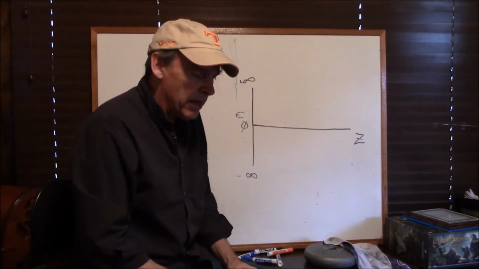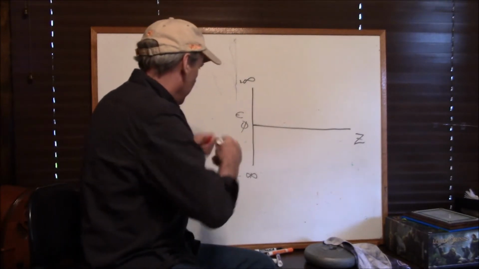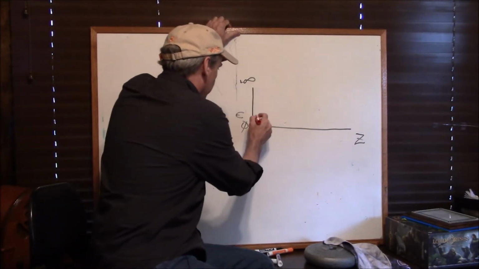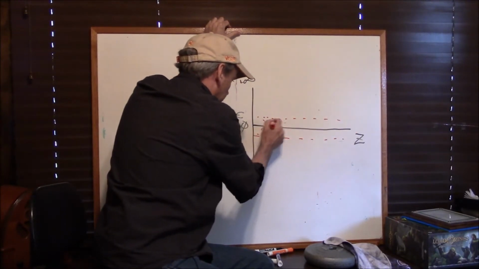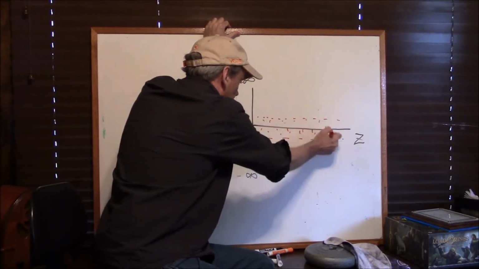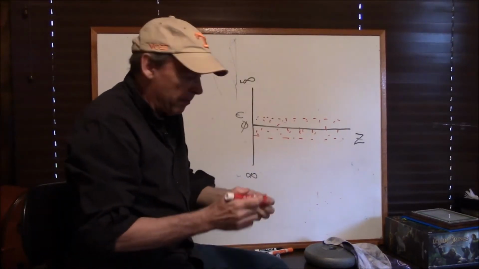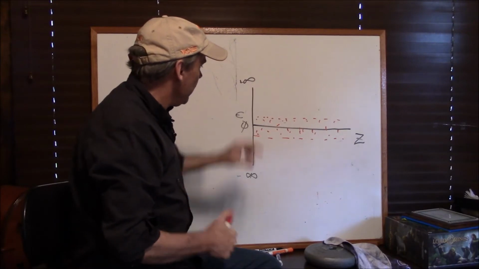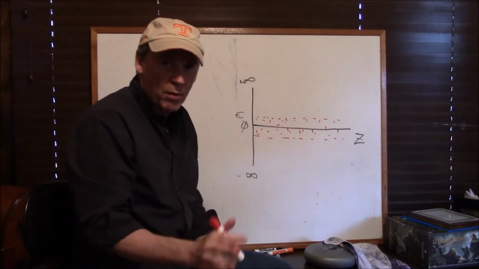But scedasticity is the variance of the error term. I'm going to cheat here and do the outside range. So that's homoscedastic, all right, the error terms. The range of the error terms is the same everywhere, so it's homoscedastic.